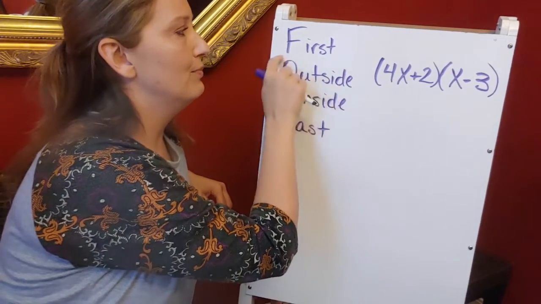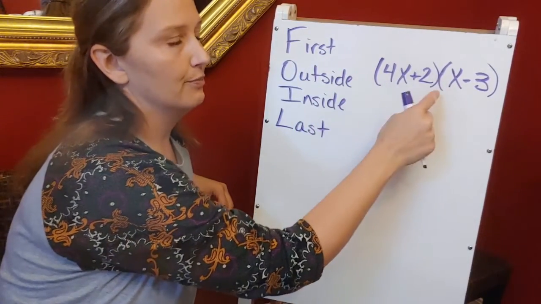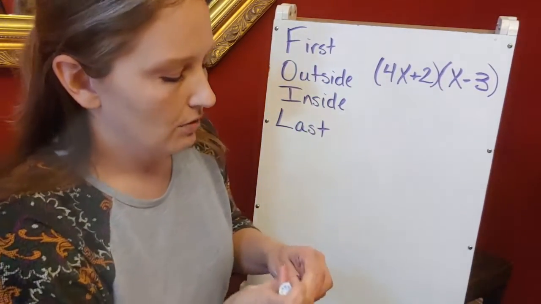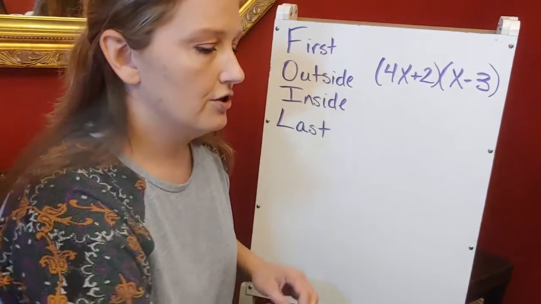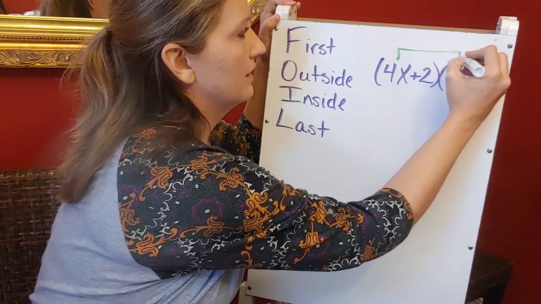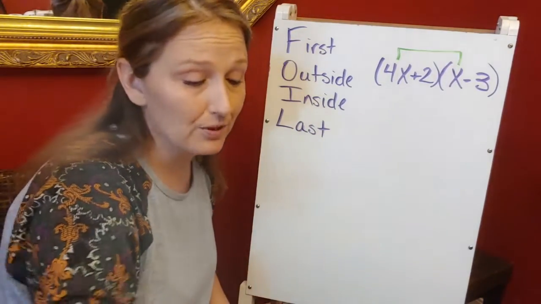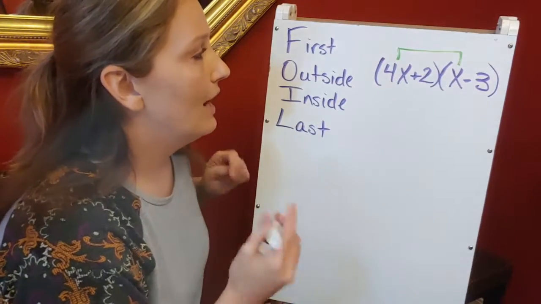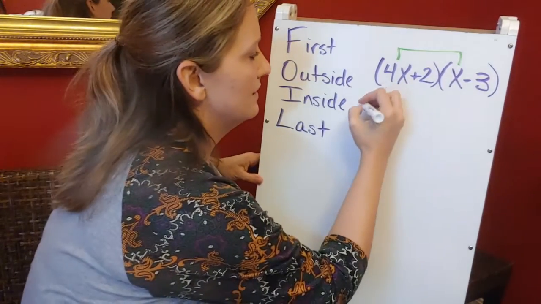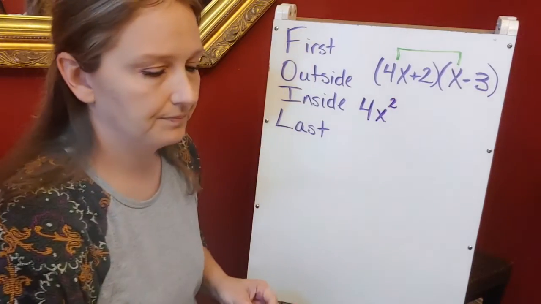The way you use FOIL is that whenever you have your two sets of parentheses, you're going to start by multiplying the first terms in each set of parentheses. So if I'm looking at just the first terms, 4x times x. That's the first terms of both sets of parentheses. Whenever I multiply 4x times x, I get 4x squared.